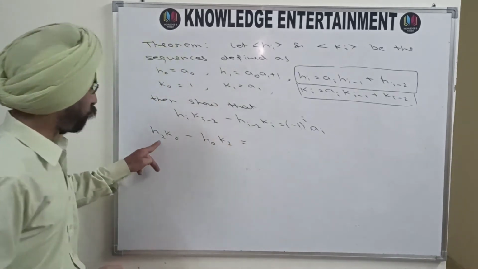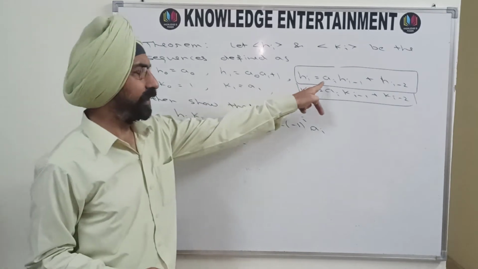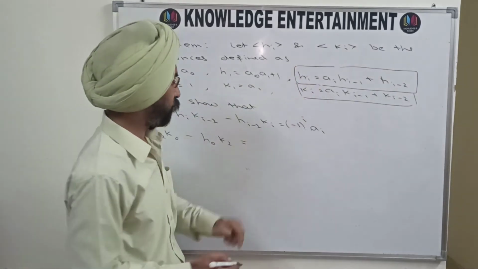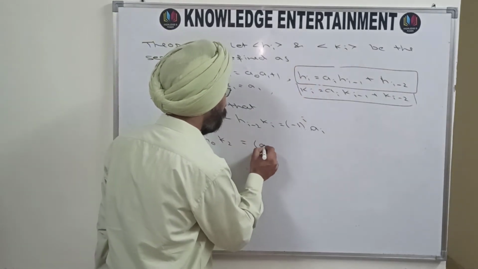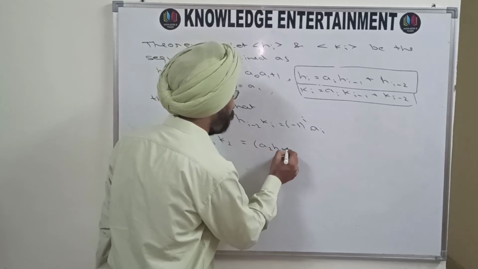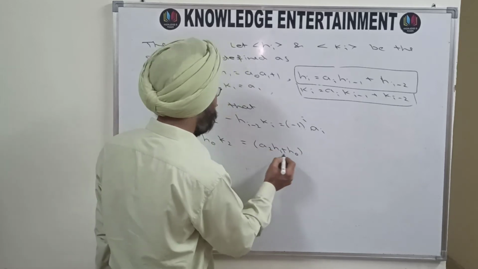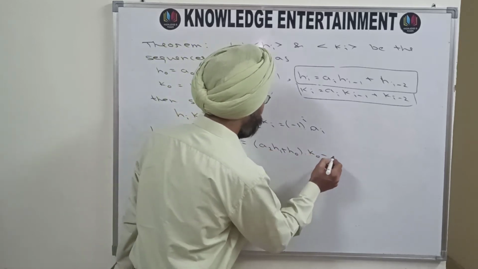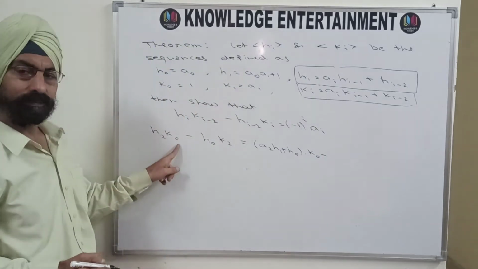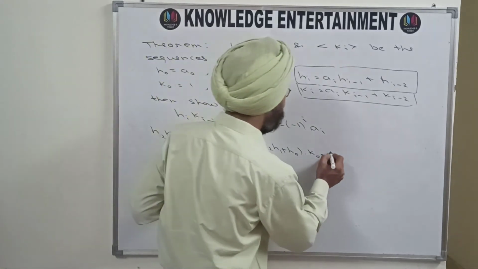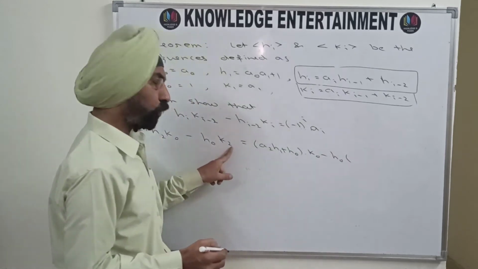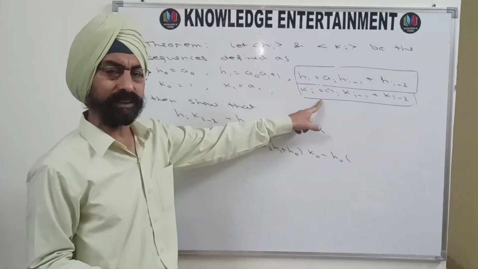For this h_2, apply this result. So what is your h_2? Your h_2 is a_2 h_1 plus h_0, into k_0 is also there, minus h_0 into k_2. For k_2, once again apply the recursion result.